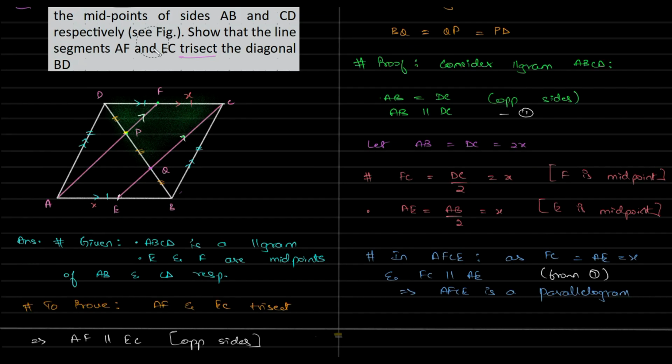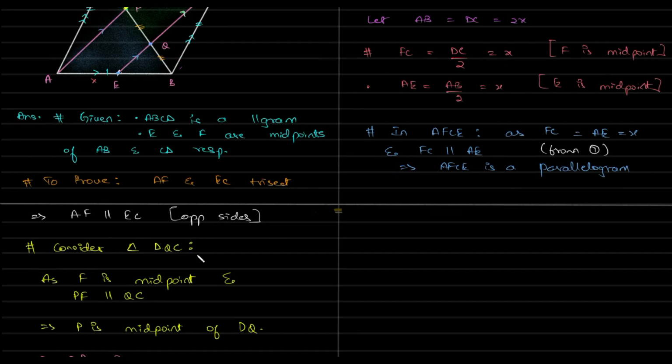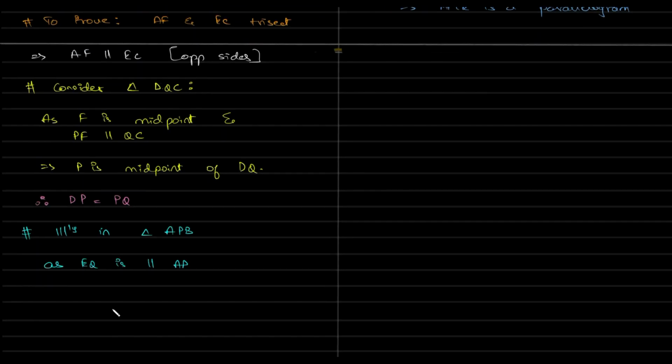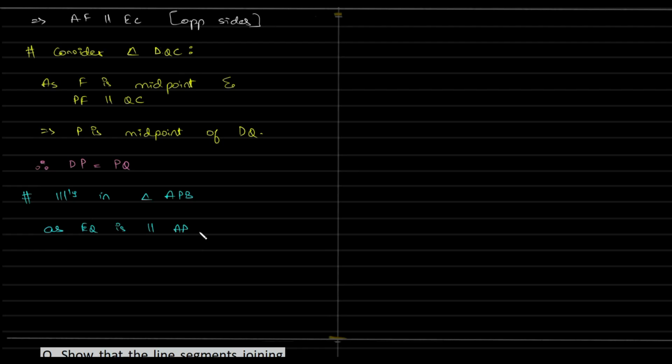Sorry, I didn't show you guys that. Here E is the midpoint, so Q will be the midpoint, and EQ is parallel to AP.